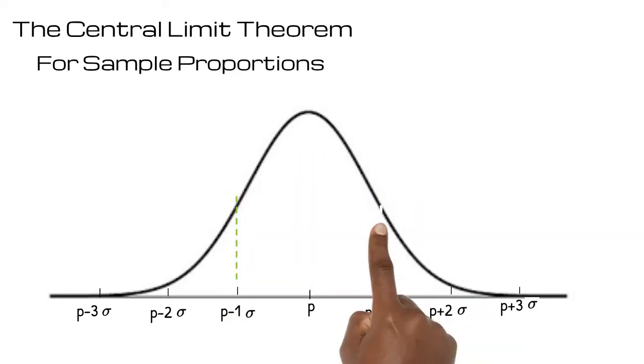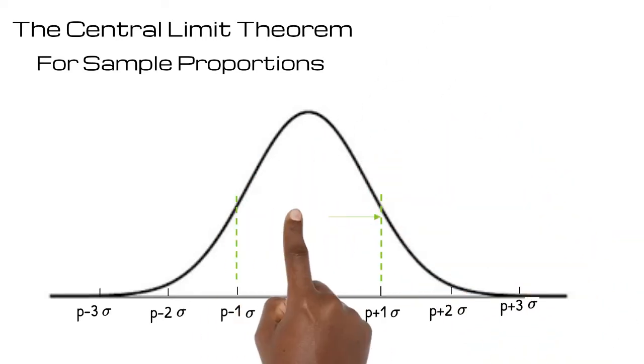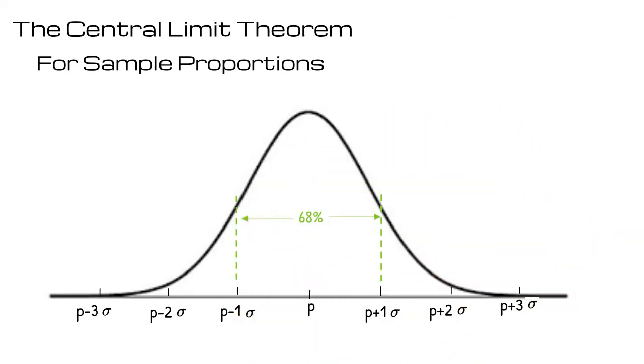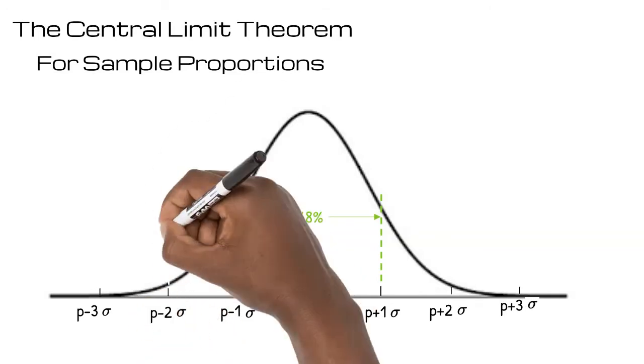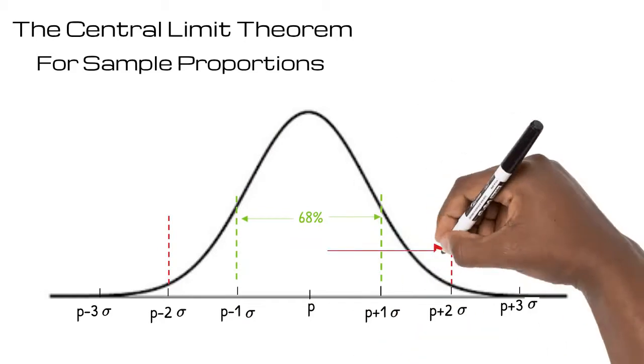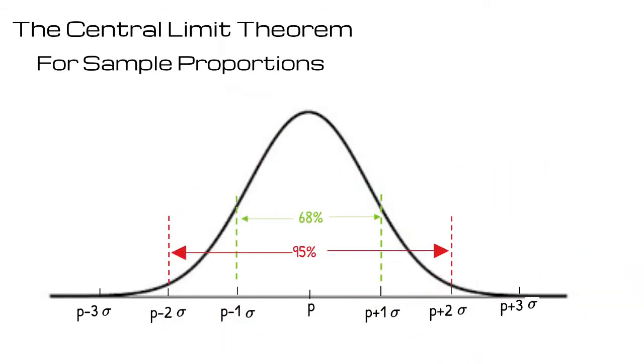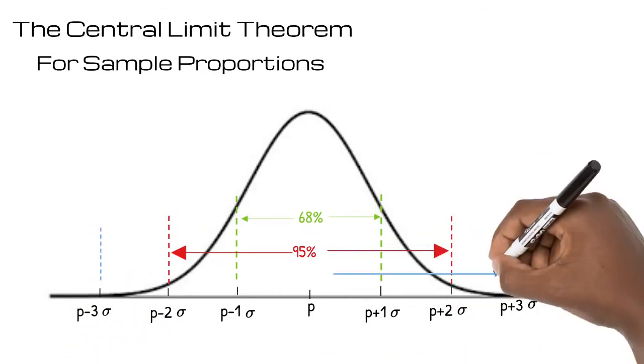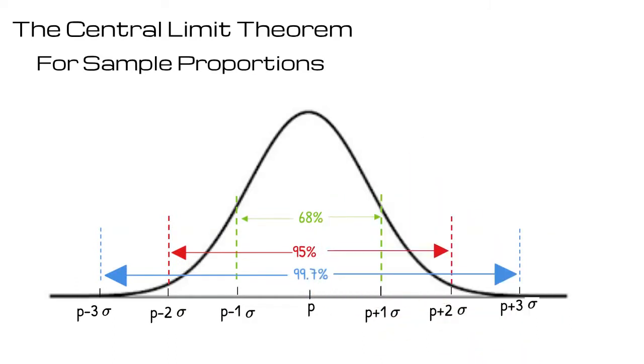More specifically, 68% of proportions lie between 1 standard deviation below and 1 standard deviation above the actual proportion. 95% of proportions lie between 2 standard deviations below and 2 standard deviations above the actual proportion. And 99.7% of the proportions lie between 3 standard deviations below and 3 standard deviations above the actual proportion.